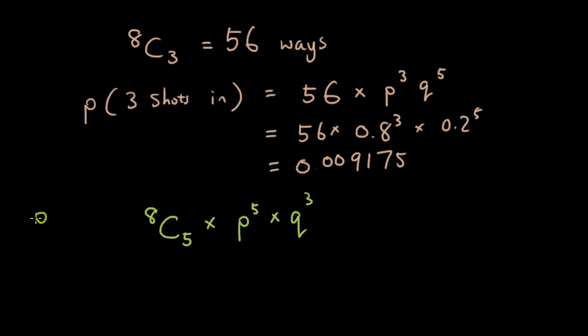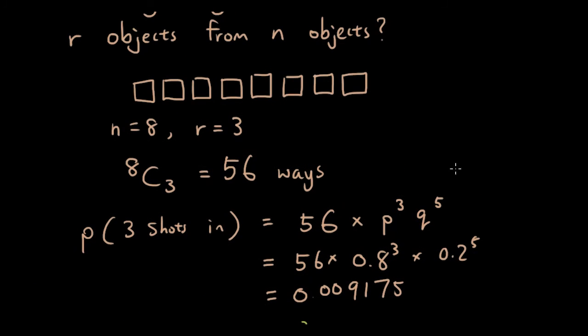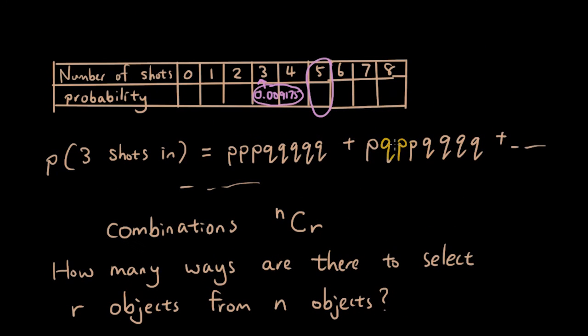So that's the probability of getting 5 shots in. So if you type that into the calculator, you will get 0.1468. So that would go here. 0.1468 and so on. Feel free to fill out any of these other boxes.